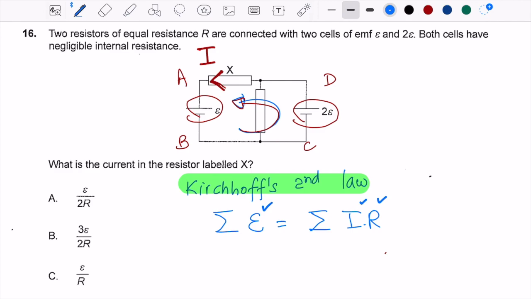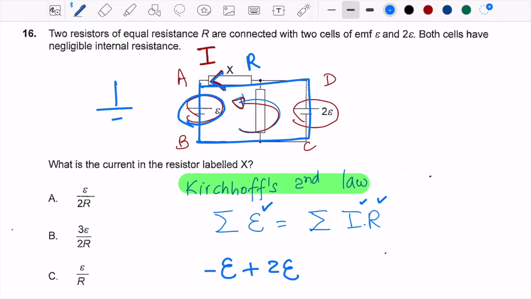So let's think about loop A, B, C, D, and let's assume the current through a resistor X whose resistance is R is I. So epsilon, this first one is minus and the second one is plus, because in the first situation you are going from positive pole to negative pole, so this is minus.